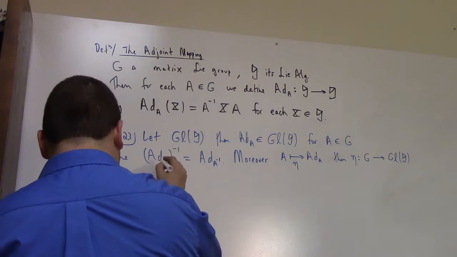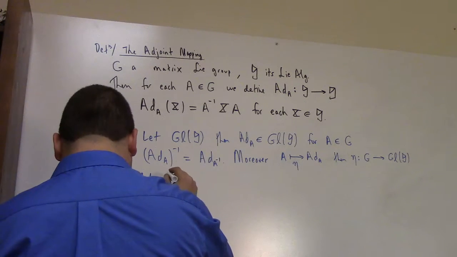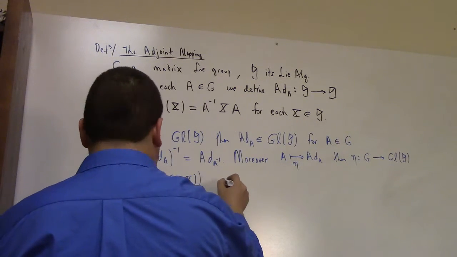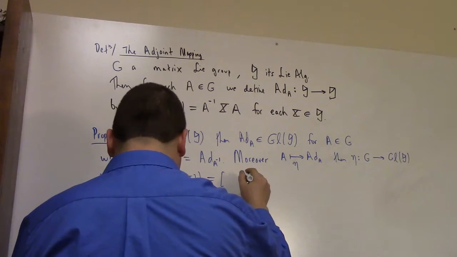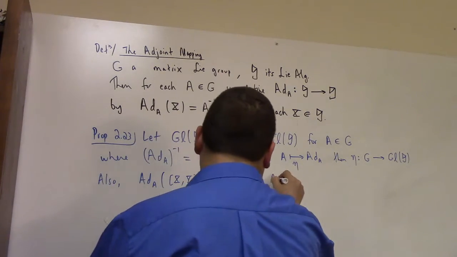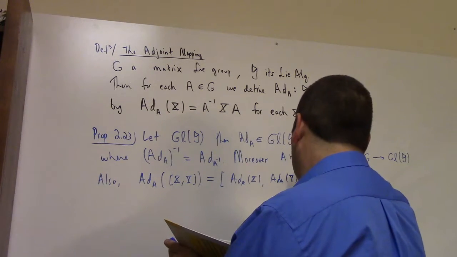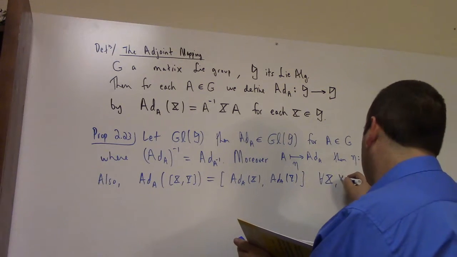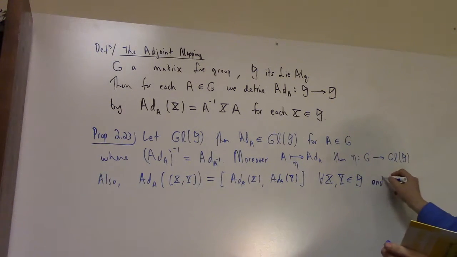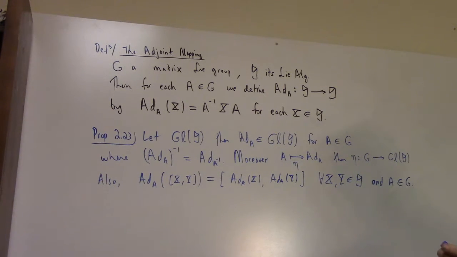Also, Ad sub A of [X,Y] is equal to the commutator, I should say the Lie bracket, of Ad A of X and Ad A of Y, for all X and Y in frak G, and A in G. I should say for each A in G, this identity is true, of course.